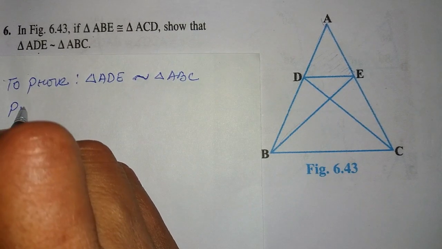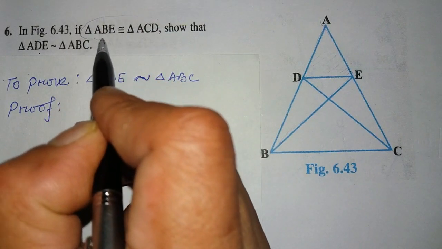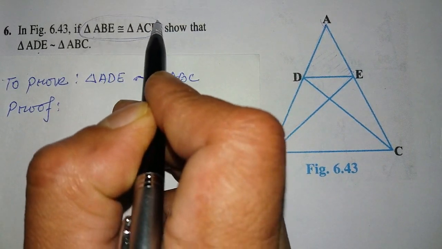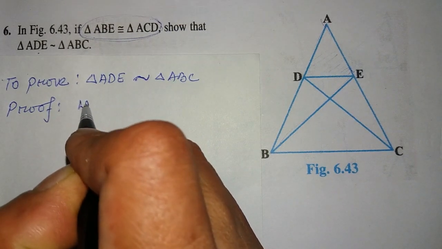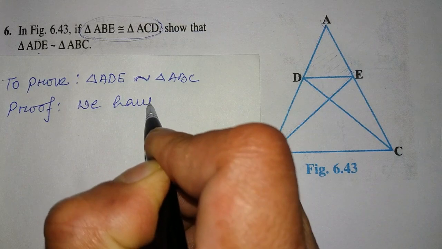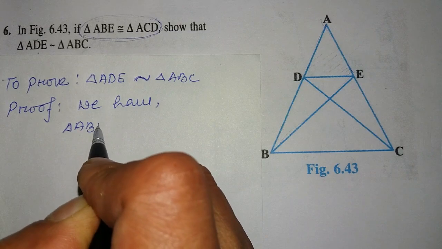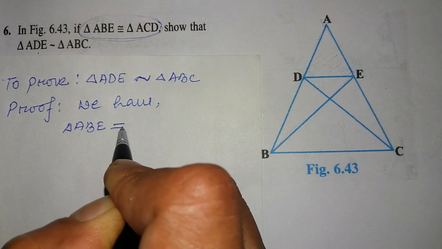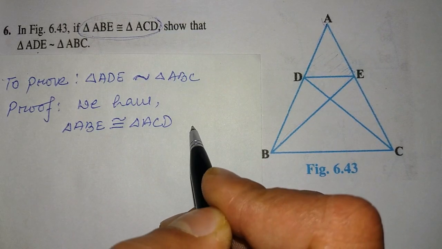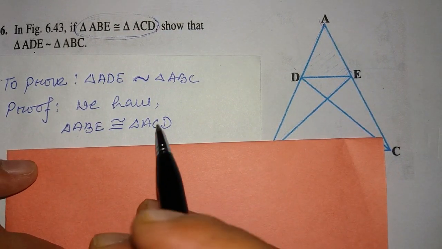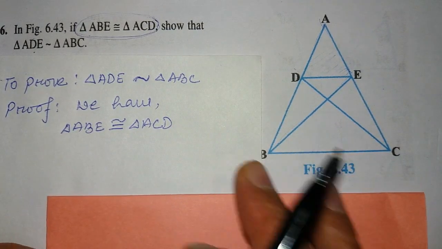So we're going to use the property of congruency for this. We have triangle ABE congruent to triangle ACD. Let's recall that when two triangles are congruent, the corresponding parts are equal.